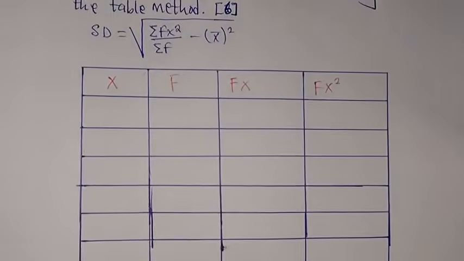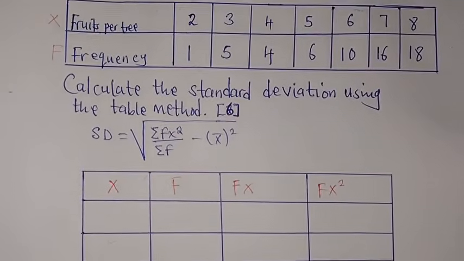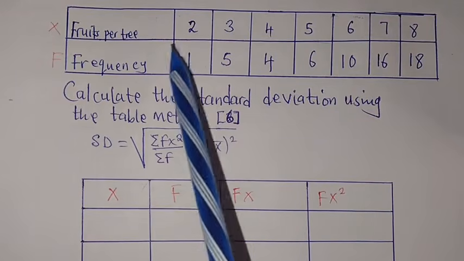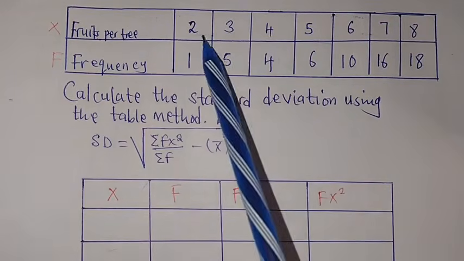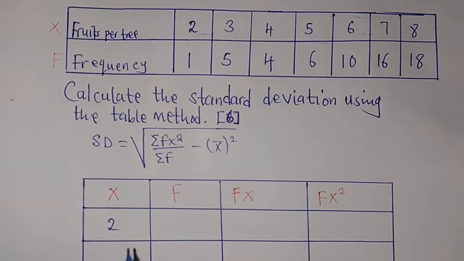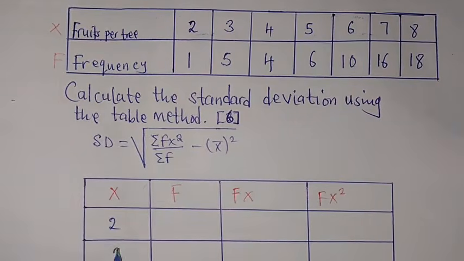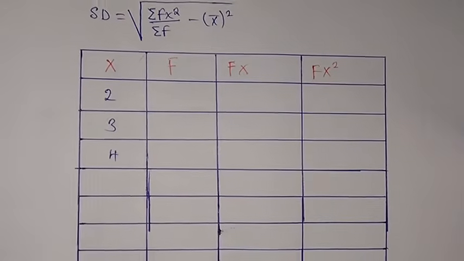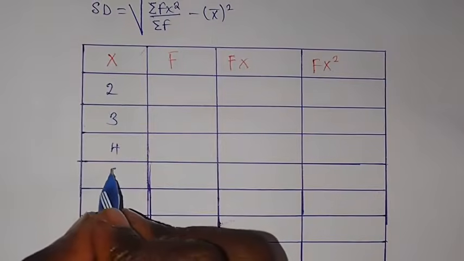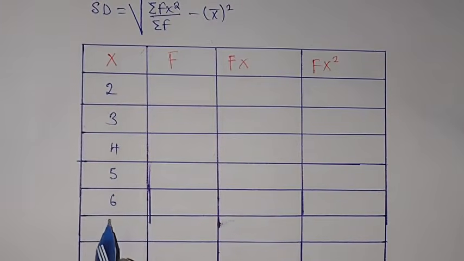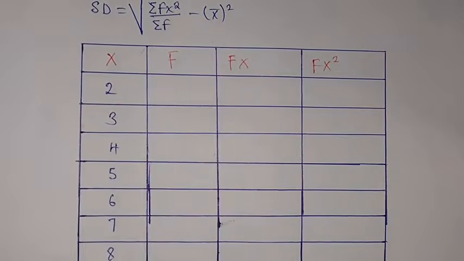So after doing this, we're just going to substitute the numbers where they are supposed to be. The x values are here: 2, 3, 4, 5, 6, 7, 8. So you write here 2, 3, 4, just like that, 5, 6, 7, 8.